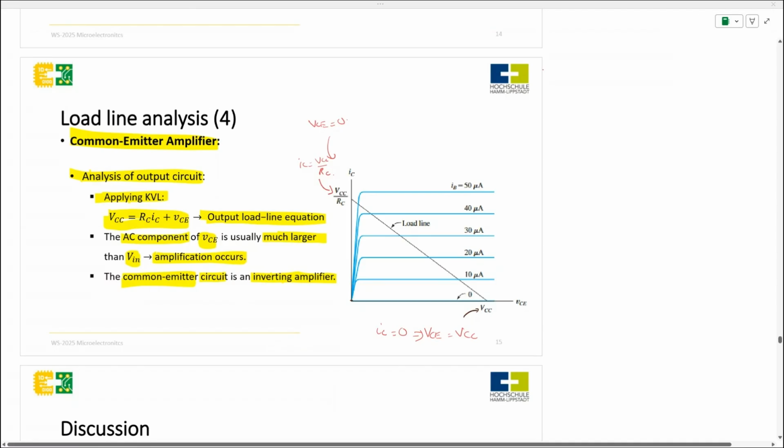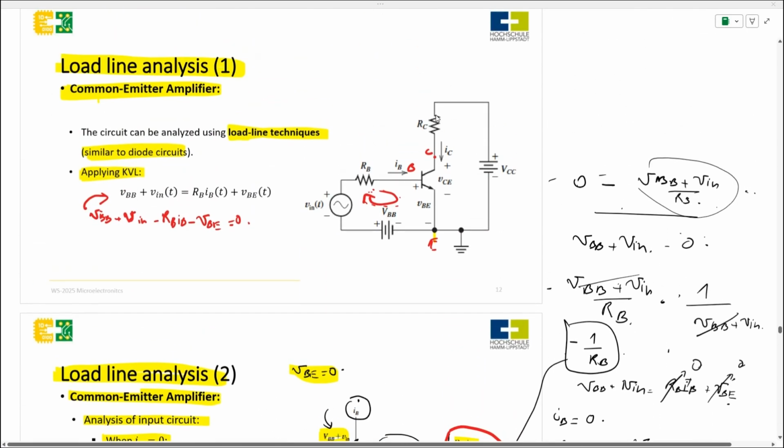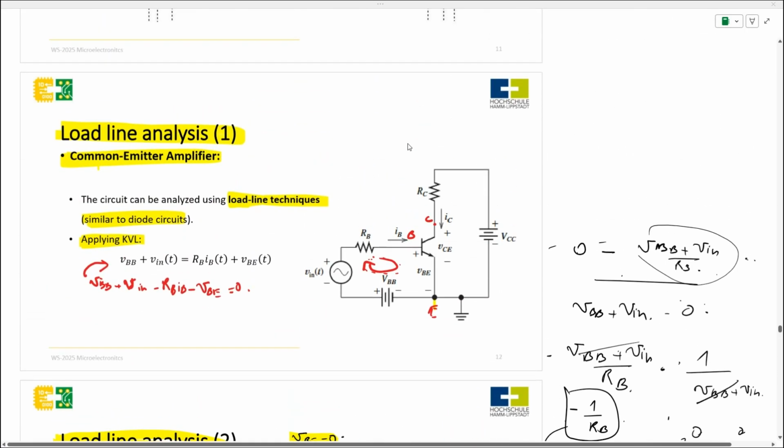So after digging down about what inverting means, I need you to focus with me. When we apply a small wave at the input, we are putting something in our input because we are doing the input analysis.